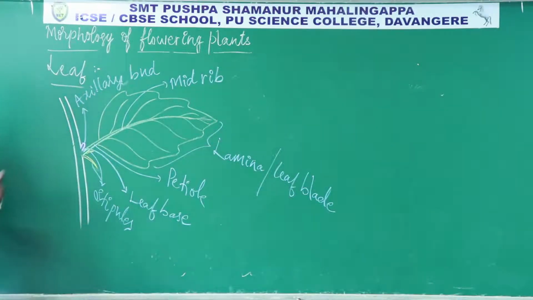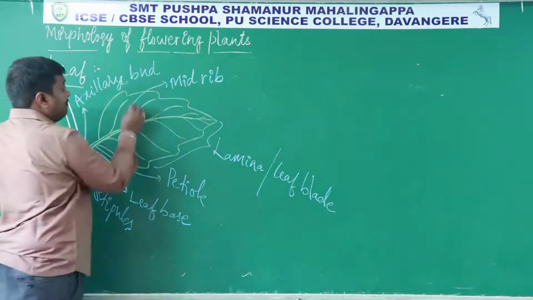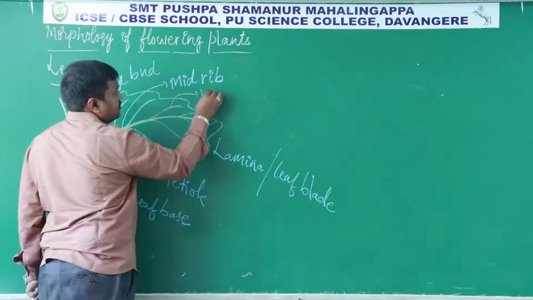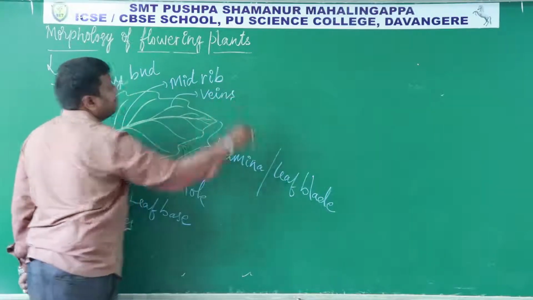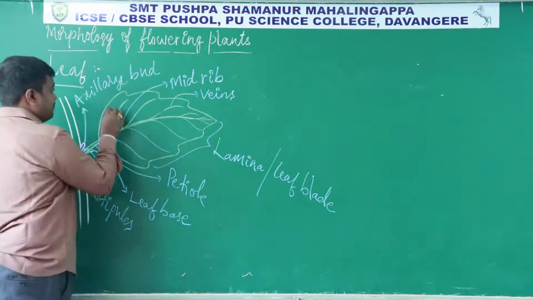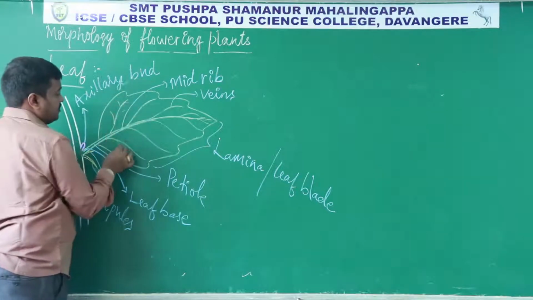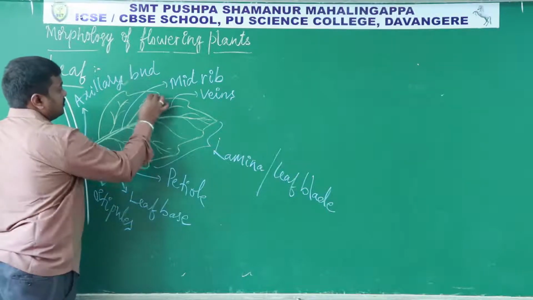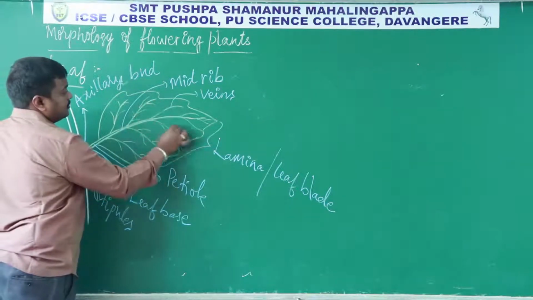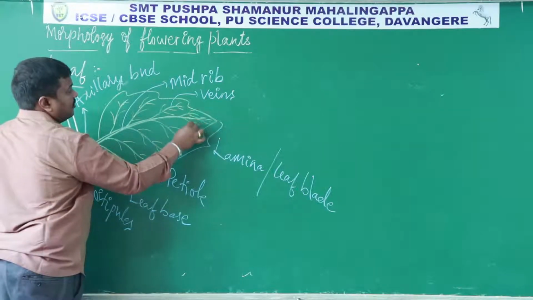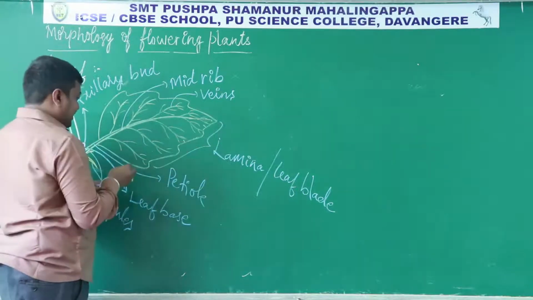This midrib shows branches, and these branches are called veins. Sometimes these veins again show branches, and these branches of veins are called veinlets.